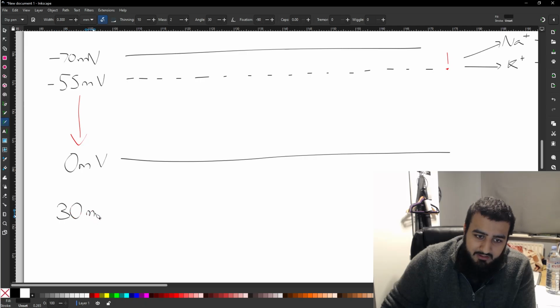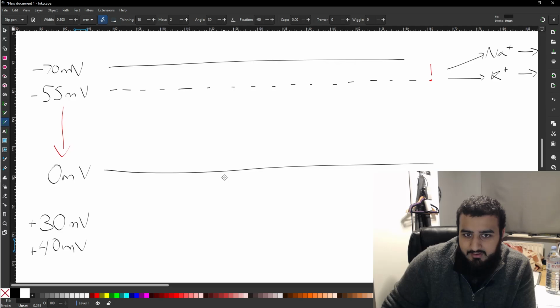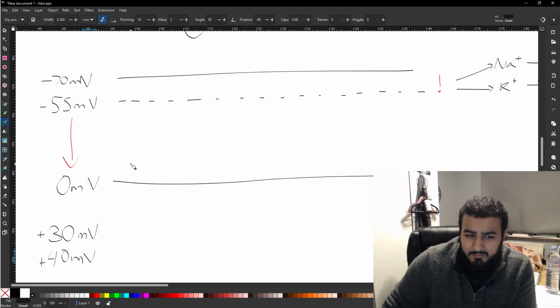Between plus 30 and plus 40 millivolts, we reach the peak of this ascent into a depolarized state.